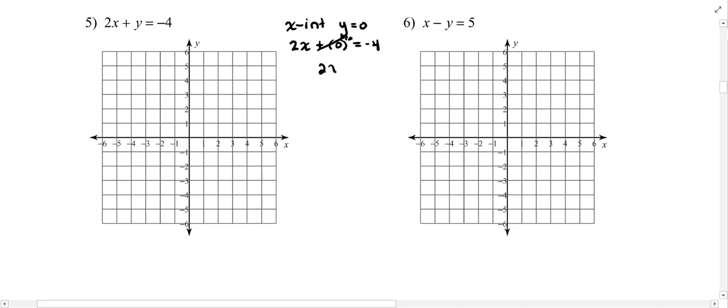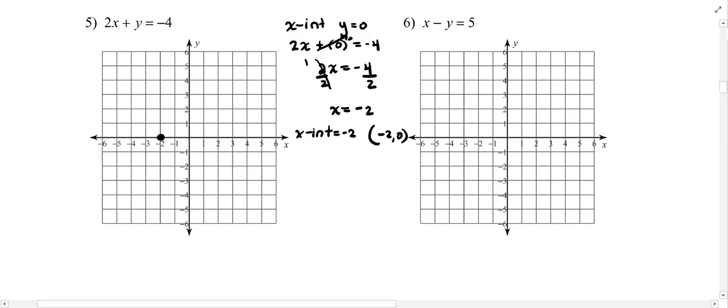So now you have 2x equals negative 4. Dividing both sides by 2, x equals negative 4 divided by 2, negative 2. So what does this mean in English? It means that the x-intercept equals negative 2. In ordered pairs, this means (-2, 0). So right here.